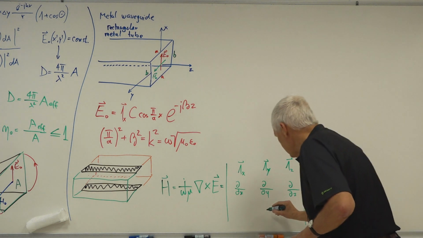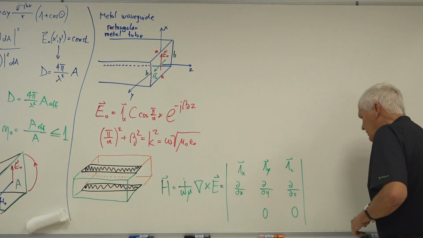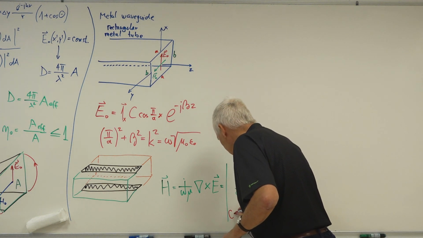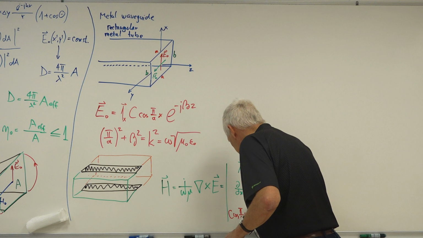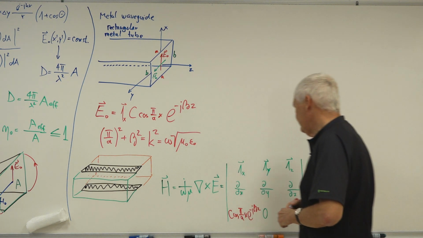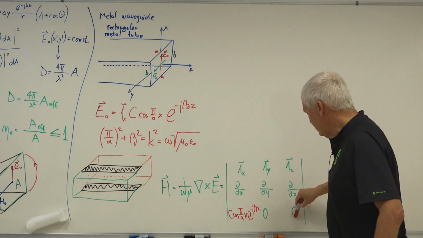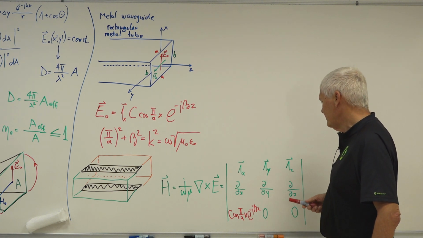So here is 0, here is 0, and it's c times cosine of pi over a x times e to the minus j beta z. Okay, that's the x component. Which components do we get for the magnetic field? There is no x component, of course. There is no component parallel to the electric field.